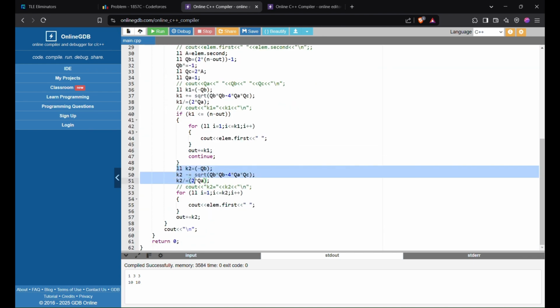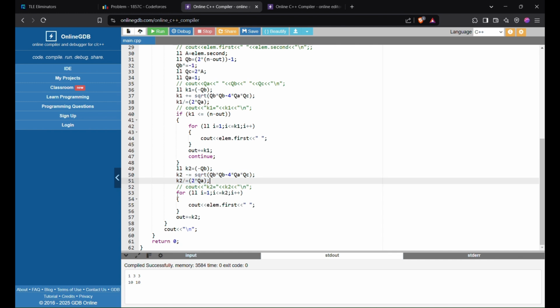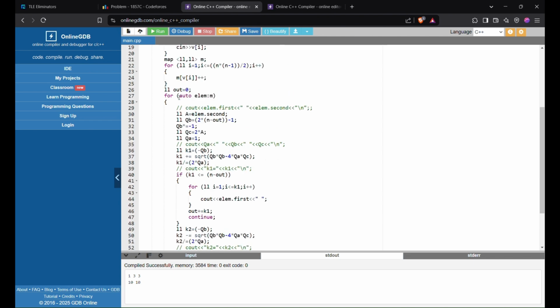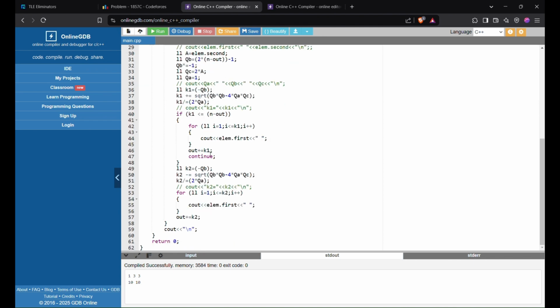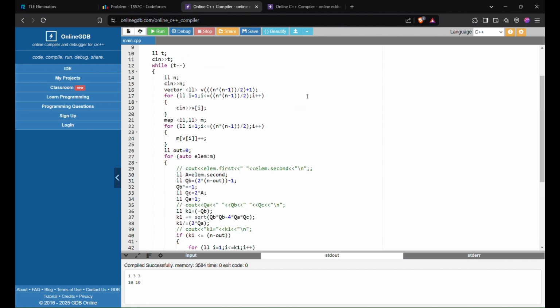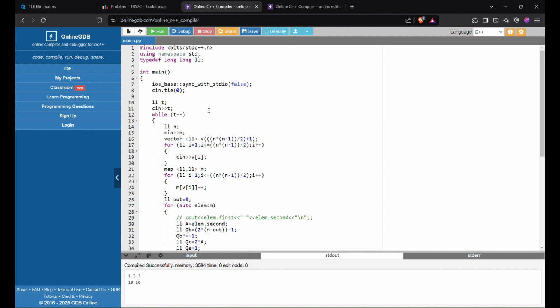If I cannot, I will calculate K2, which I can definitely output, that element K2 times, and add K2 to the out variable. I do this for every distinct element in our array B. And finally, a nice little new line. That's basically the whole solution of the problem.